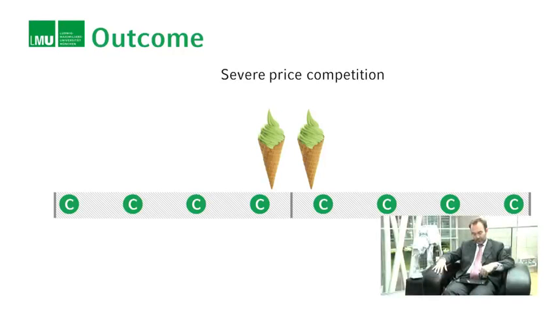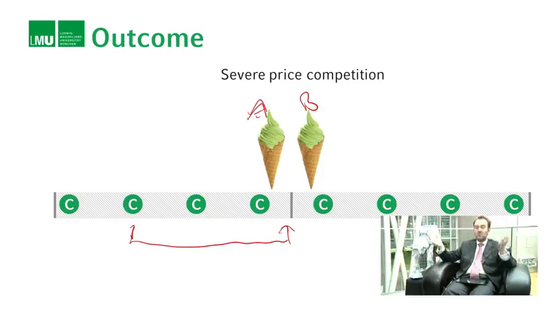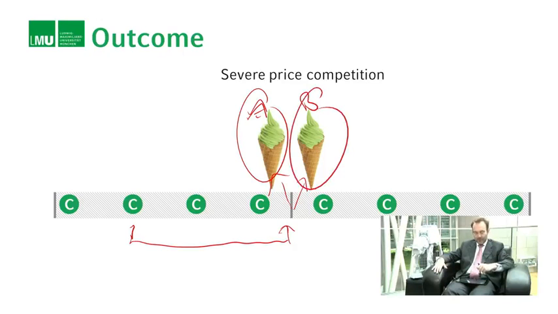If this consumer goes to the place where both A and B are selling their ice cream, it's basically the same whether they buy from A or from B. So seller A has an incentive to lower prices by a tiny amount, because this is the same ice cream and this consumer already made his way over there.